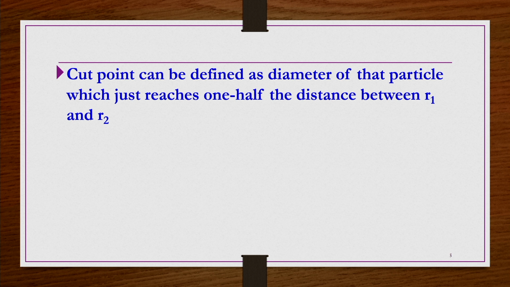Whatever R1 and R2 are, R1 is the distance from the axis of rotation to the liquid surface, and R2 is the bowl radius. So, R2 minus R1 is nothing but the thickness of the liquid layer. If the particle reaches half of that distance within the residence time of this liquid, then that particle is going to be separated.